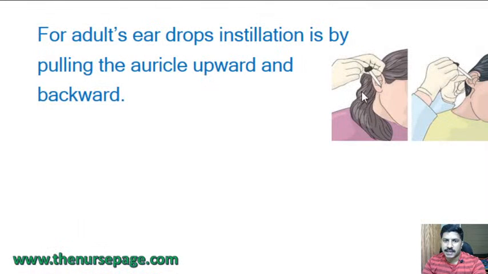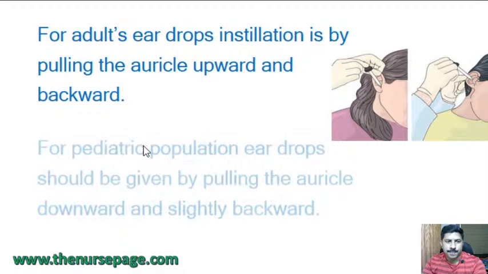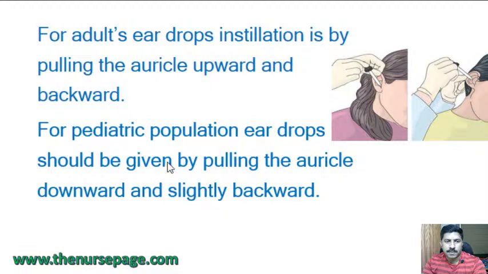In an adult, the auricle is pulled upward and backward; for the pediatric, downward and backward. For adults, eardrops are instilled by pulling the auricle upward and backward. For the pediatric population, eardrops should be given by pulling the auricle downward and slightly backward.